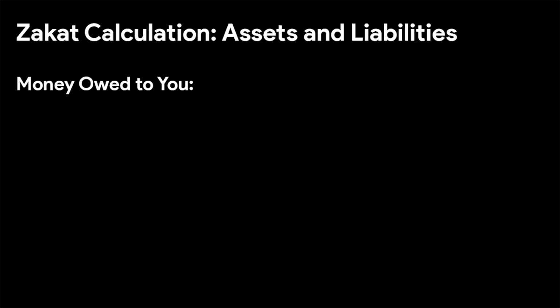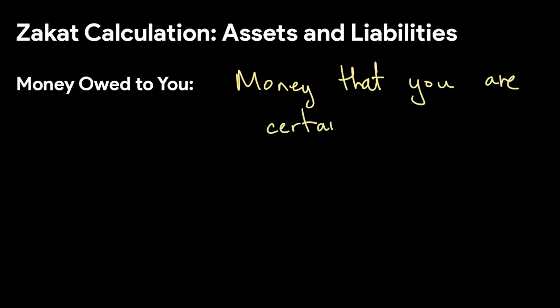So next is money owed to you. So if you have lent someone money and there is a strong likelihood that they will repay you, you should include it in your zakat calculation. So money that you are certain will be repaid, you must include this in your zakat calculations.